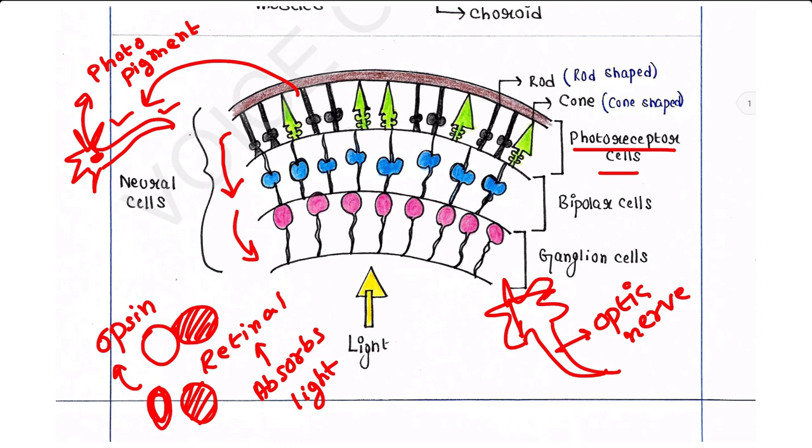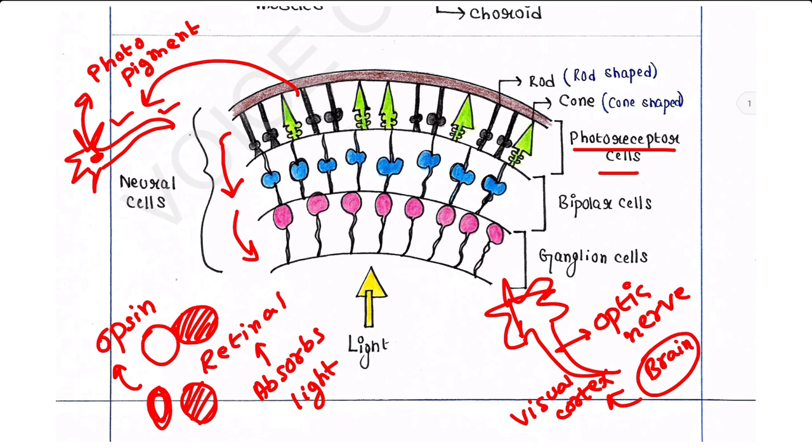And from this optic nerve, the impulse will reach the brain. And where in the brain? In the visual cortex area of the brain, where the neural impulses are analyzed and the person can see.